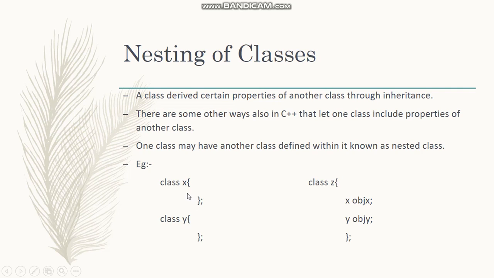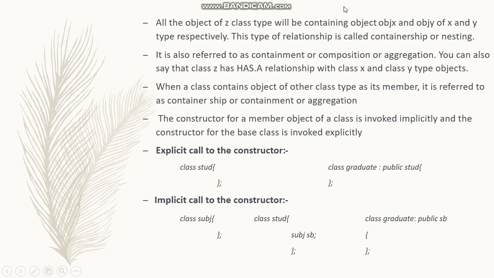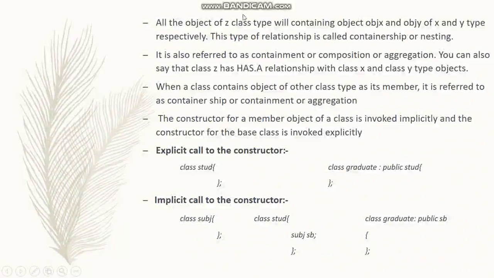So here, as we can see, we have created two different classes X and Y, and their objects have been created in class Z. So here we have done the nesting of classes, where the objects of X and Y are created in class Z. The object of Z class type will contain objects objx and objy of class X and Y type respectively.